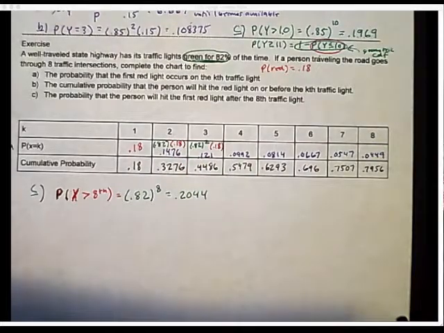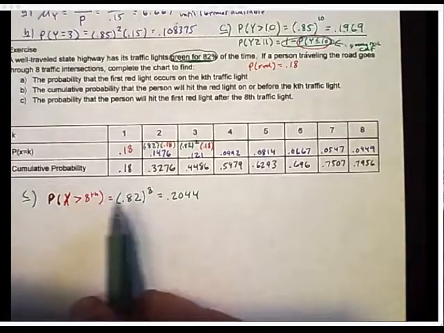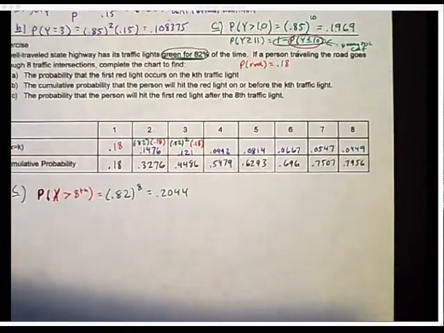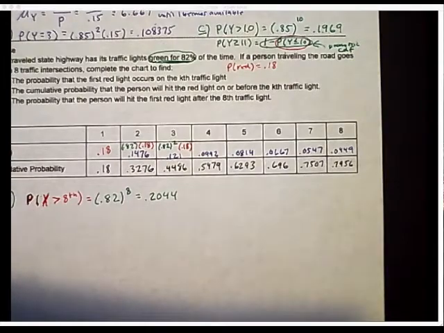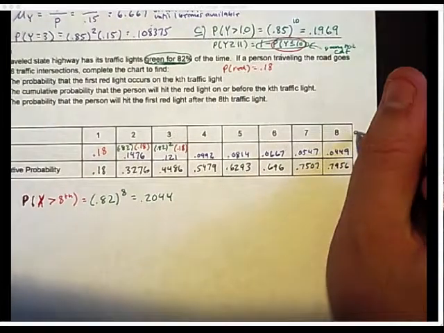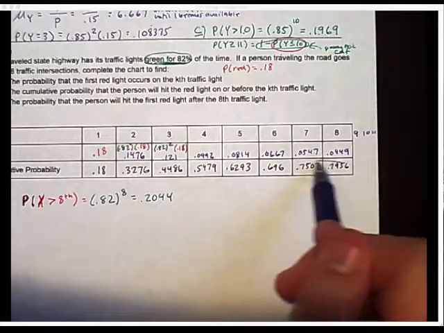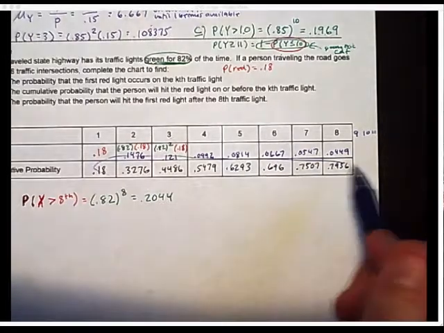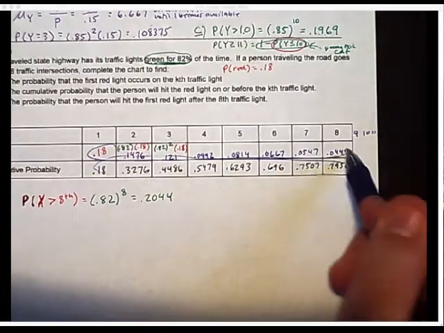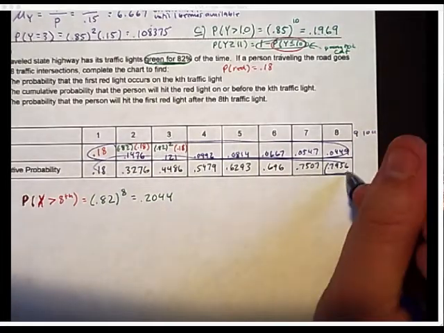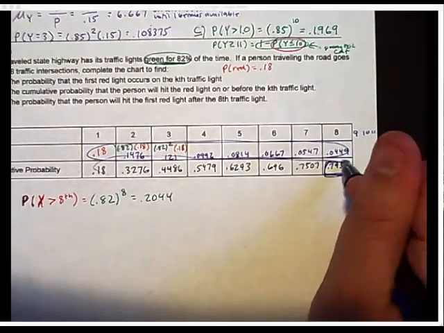Okay. But what does this mean? After the 8th? Well, on this diagram, after the 8th would mean add up the 9th bar, the 10th bar, the 11th bar, and so on. Well, if I add up the first 8 bars, this cumulative probability tells me what the sum is.